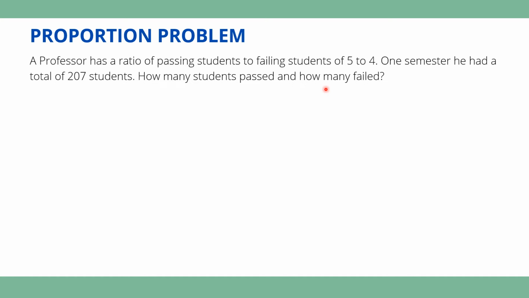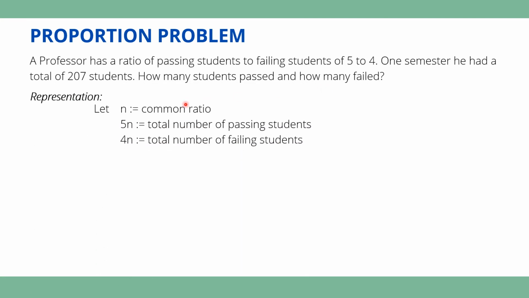Just like our previous example, we have to represent our common ratio and our ratio, which is 5 to 4. So we let n, or any variable you like, be equal to our common ratio. Then, using the 5 is to 4 ratio, we will have 5n be equal to the total number of passing students, then 4n be equal to the total number of failing students.